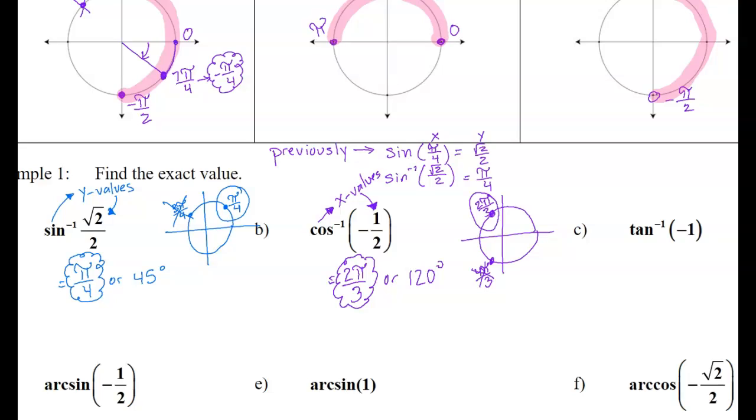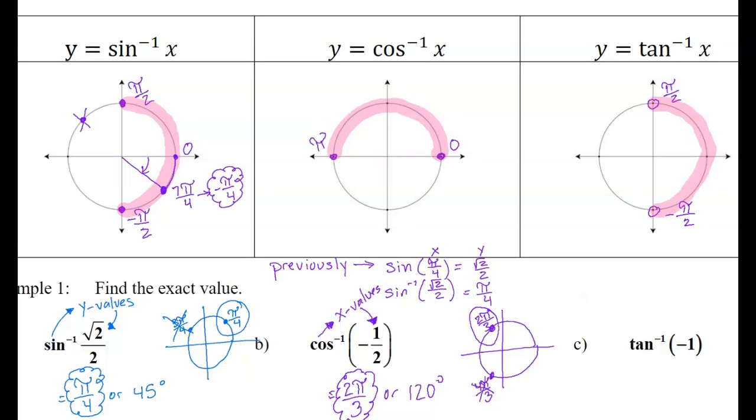Is this making sense? How do we find the restricted domain? That was what these up here, the three unit circles that I have highlighted portions of. Those are always the restricted domains.